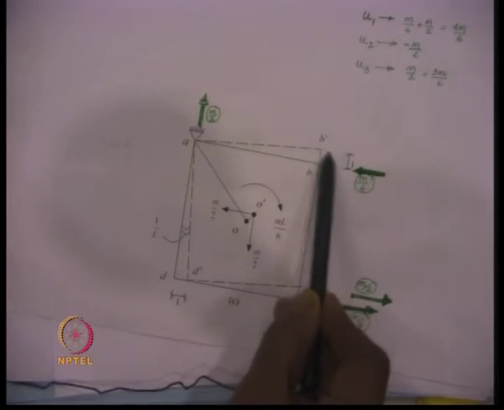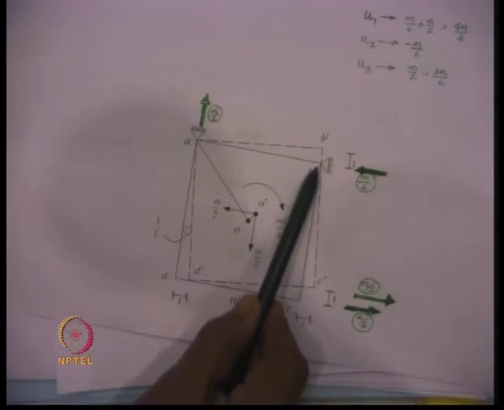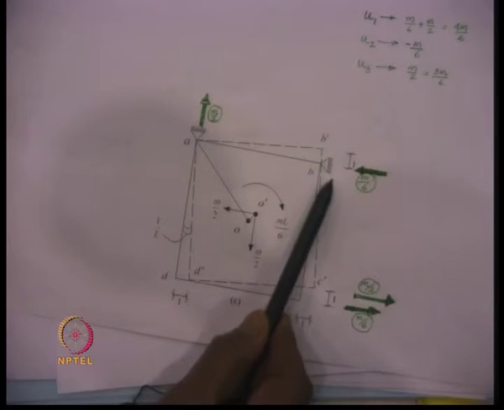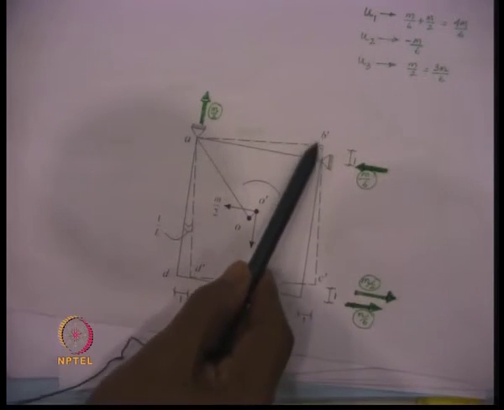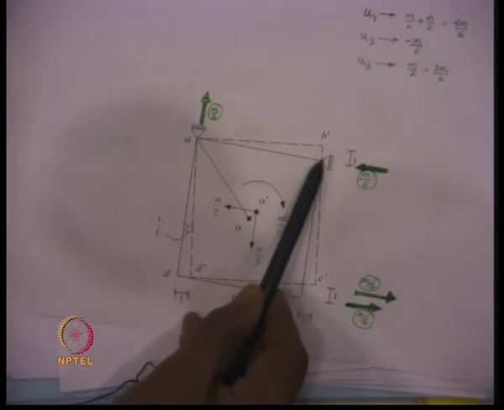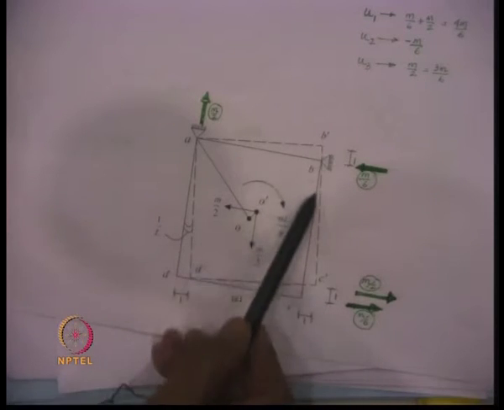In this direction there is no movement. So, this point satisfies the condition that there is no movement in this direction, but a movement can take place perpendicular to this direction, because there is no restraint in this direction.